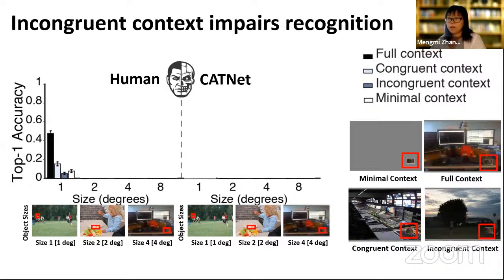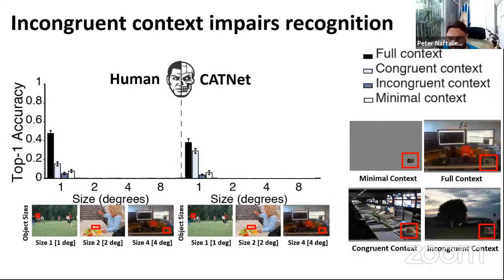So congruent context enhances recognition for small object sizes compared to the minimal context condition, both for humans and CRTNet. Although the incongruent context typically shares similar correlations between objects and the same properties, pasting the objects in an incongruent context led to weaker enhancement.